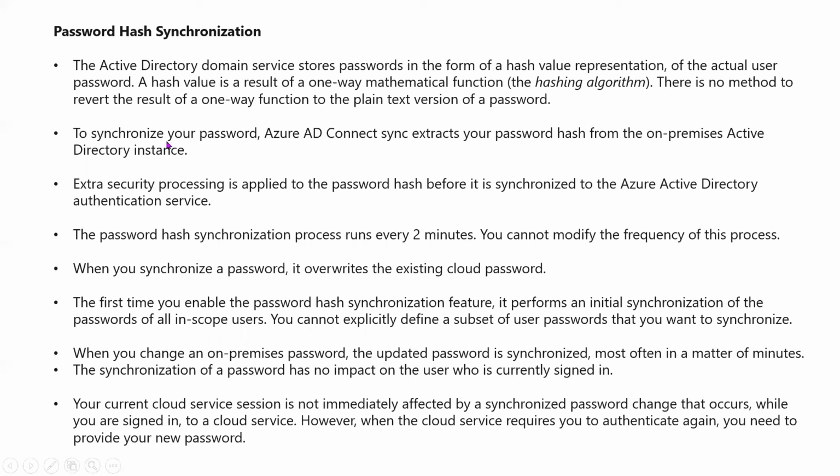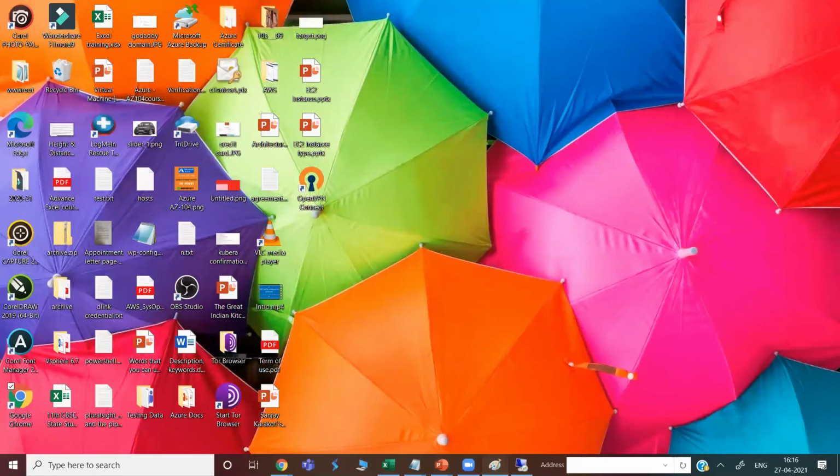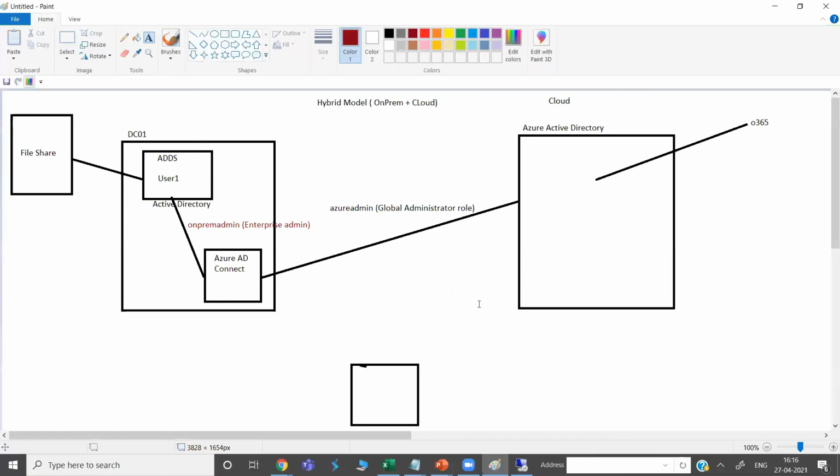So what is password hash synchronization? Let me explain in simple language first. What is the meaning of password hash? If you see the objective of Azure AD Connect, whatever user accounts you are creating in the on-prem Active Directory, those accounts should be integrated into your Azure Active Directory.